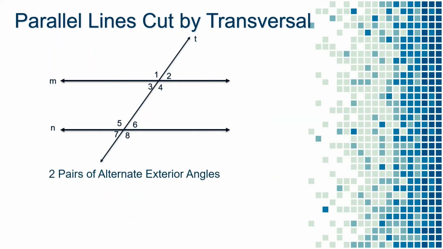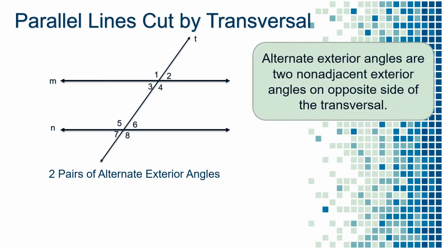We also have alternate exterior angles. Alternate exterior angles are two non-adjacent exterior angles on opposite side of the transversal. So we have angle 1 and angle 8. So they are non-adjacent and they are exterior angles, and of course they are on the opposite side of the transversal.